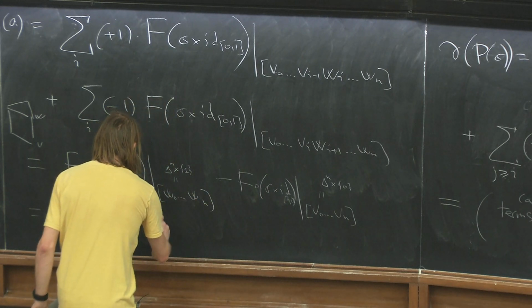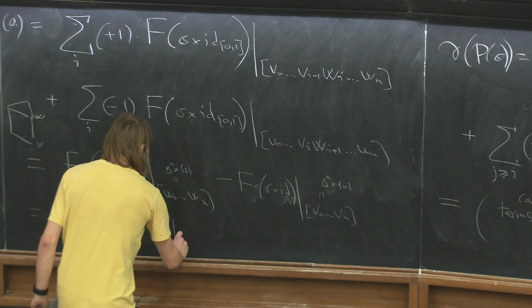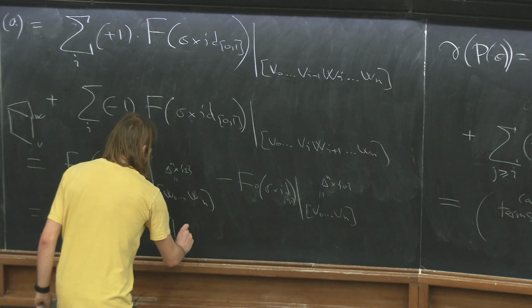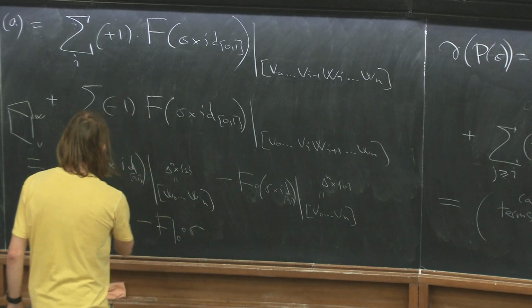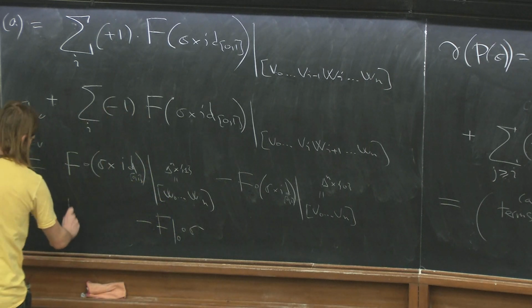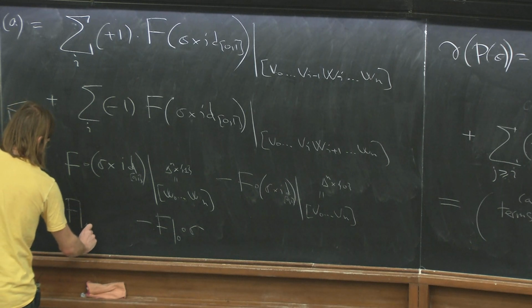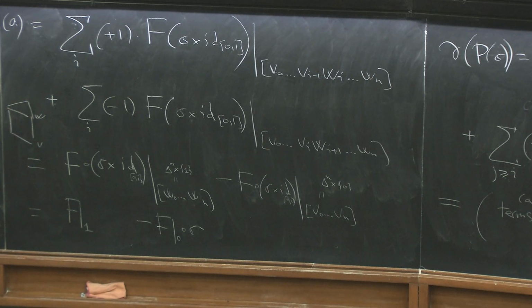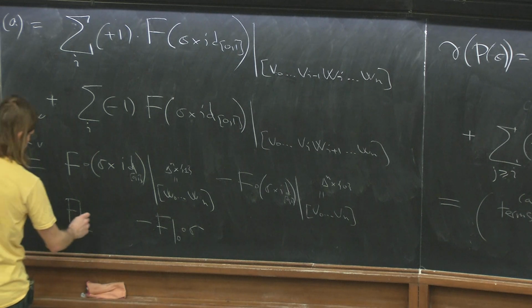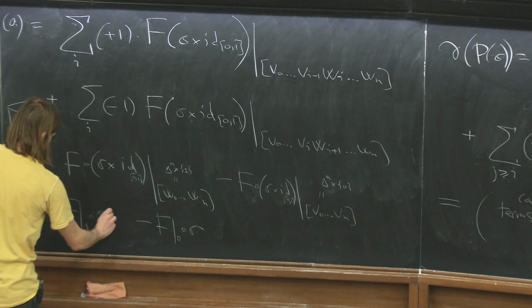It's the same as restricting f to 0 and then composing it with sigma. And for this first term, similarly, it's the same as restricting f to 1, the end of the interval, and then composing it with sigma.